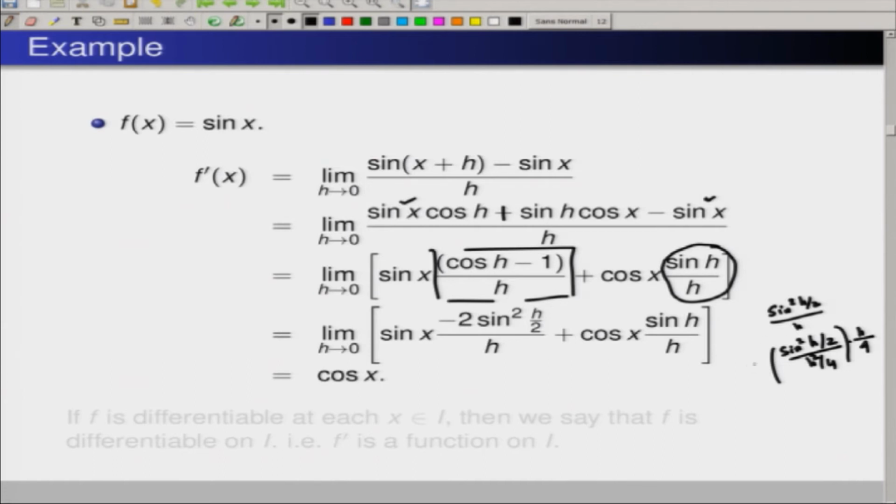So this is nothing but sin of h by 2 divided by h by 2, whole square, into h by 4.